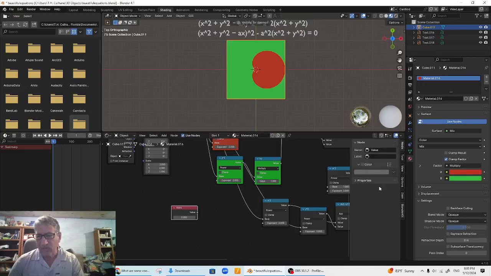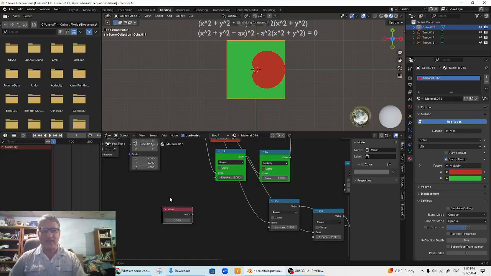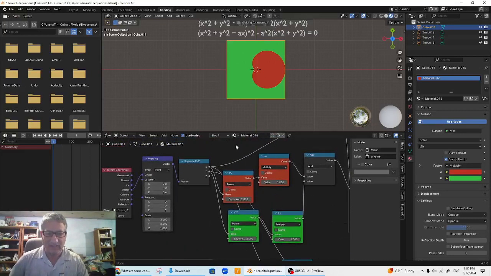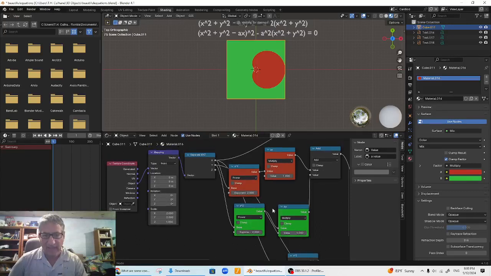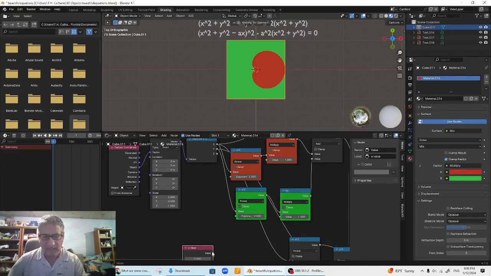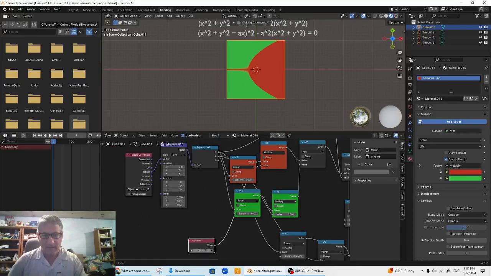So there is a way to, I mean, I could make this A if I wanted to. I could label this A, or say A value, so I know it's a value node. And I could plug this in instead of having the AX have a value that's calculated here. I could take this A and pop it in there. And then when you put this to 1, it makes the cardioid.